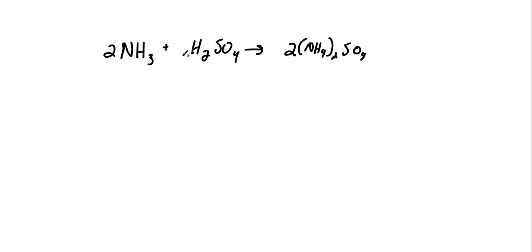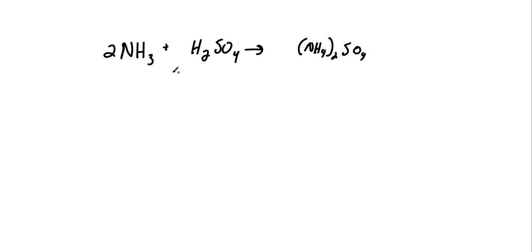Then that gives us 6 plus 2 more is 8 hydrogens, and we've got 8 plus 2 is 16 hydrogens. I thought something seemed awry. Let's get rid of that 2, because we've got 2 nitrogens, 8 hydrogens, and 1 sulfate. So we are balanced. We recognize that these coefficients can stand for moles, the number of ammonia molecules or moles of ammonia molecules we have, and so forth.